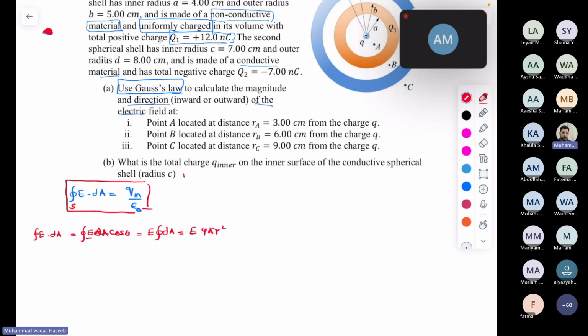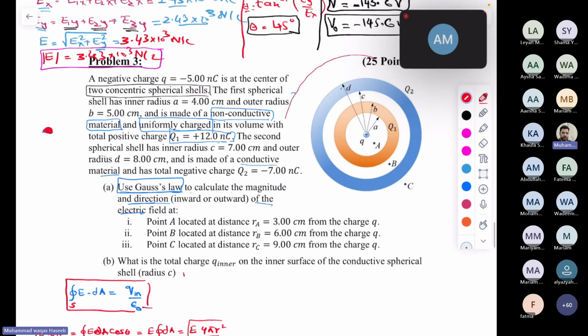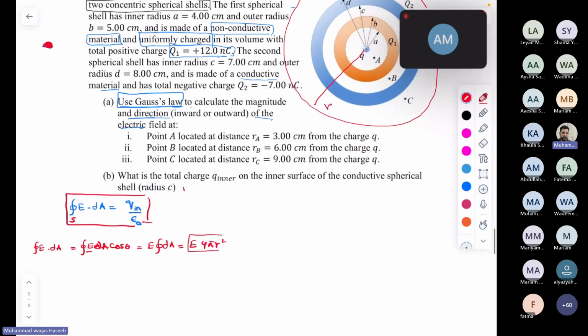So this is the electric field on a closed surface at a distance r, from any side.